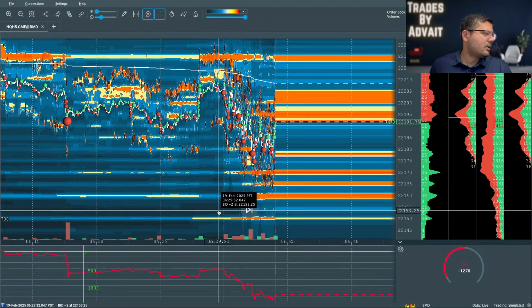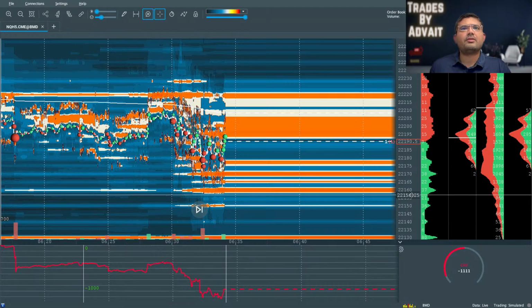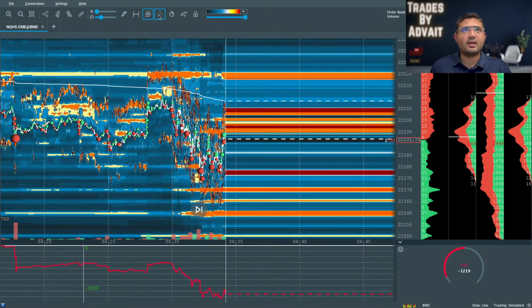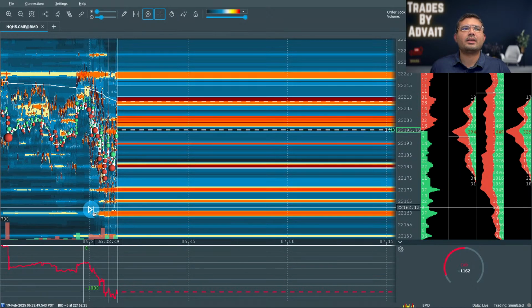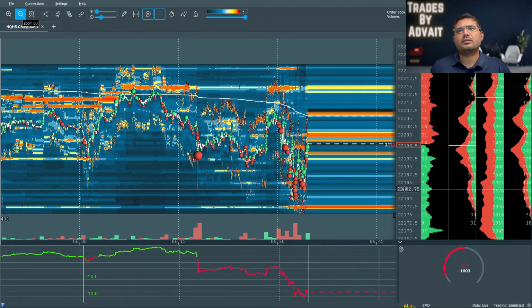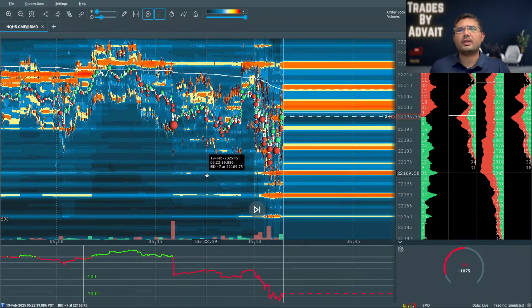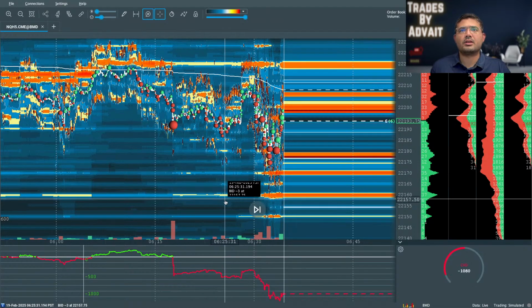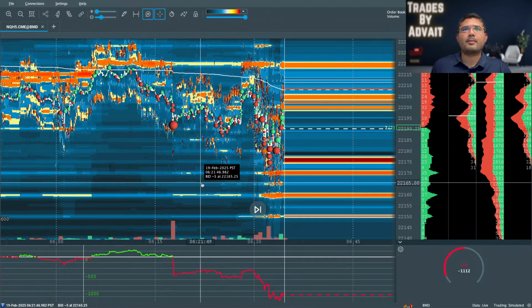Within the first 15 minutes, whatever happens, consider it noise, because it can turn around very quickly. The only support I see here is 22,180, that is the first one, and then eventually 22,160.